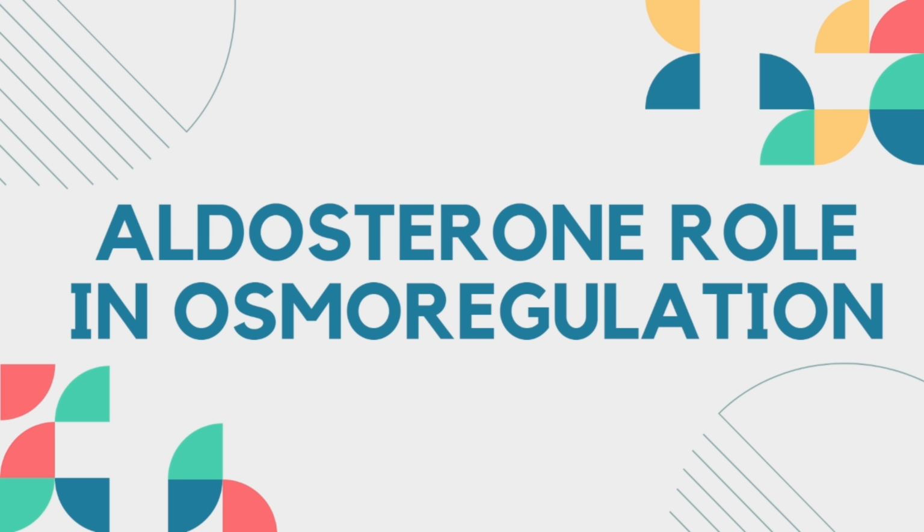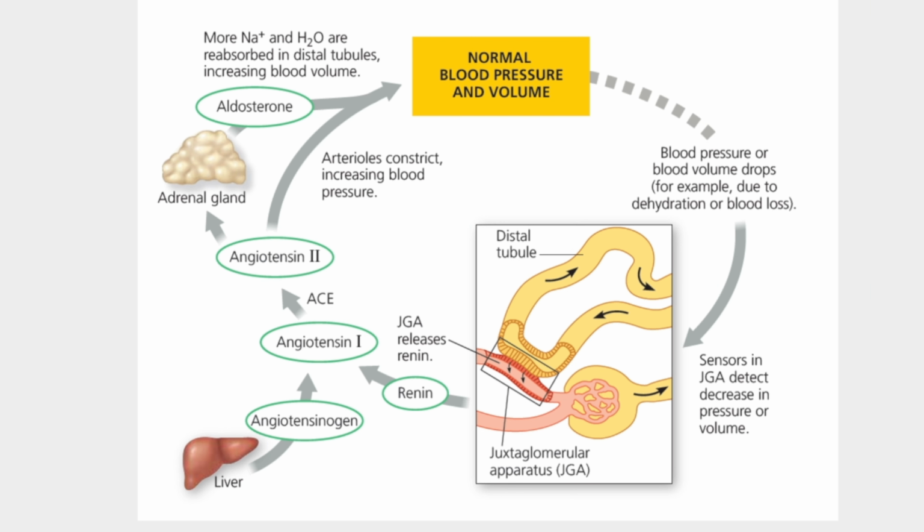Okay, next we will go through the endocrine role in osmoregulation. This is more complicated compared to ADH, because you need to know that ADH only responds to blood osmolality. It cannot respond when both salt and body fluid are lost at the same time, meaning it cannot respond to blood pressure and blood volume.